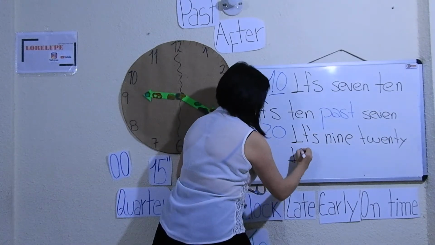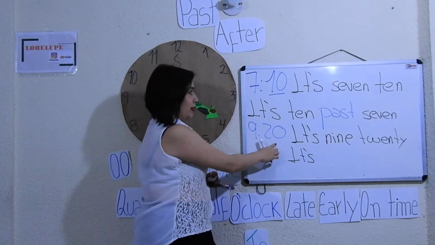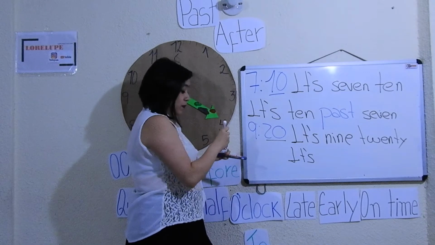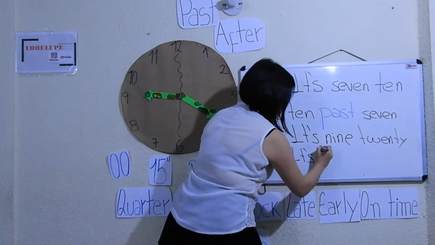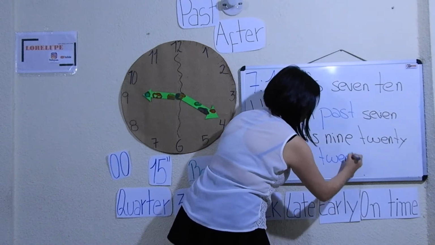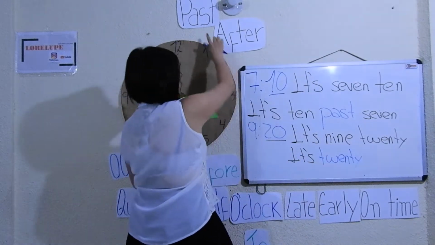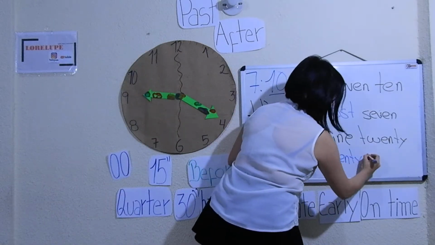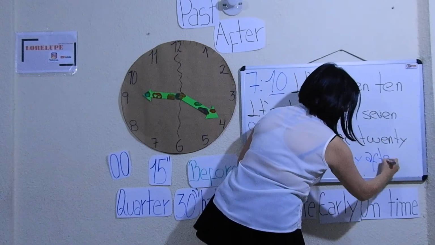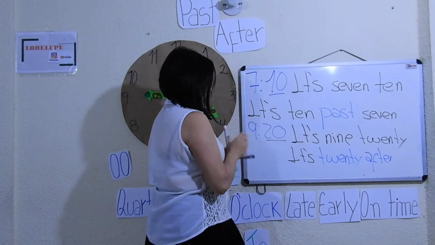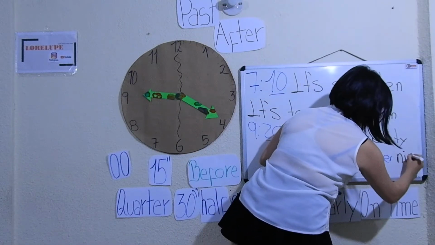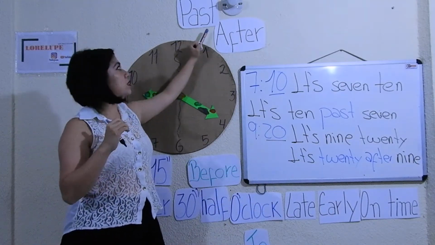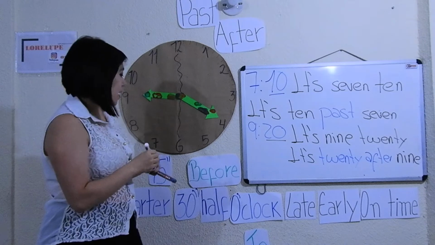Or it's, remember, when you are using those words, it's because first of all, you are mentioning the minutes. It's 20 past or 20 after. Well, you could say past or after, whatever is okay. 20 after 9. Okay? That is the example of the uses of past and after.